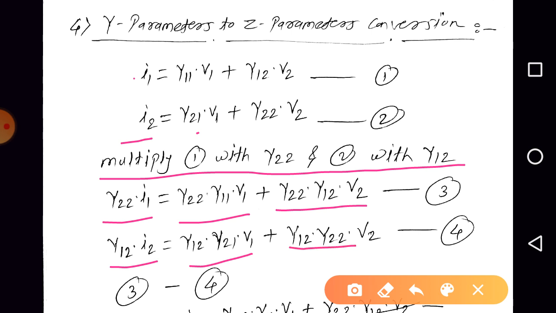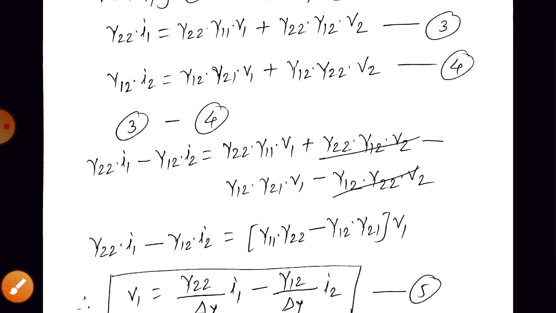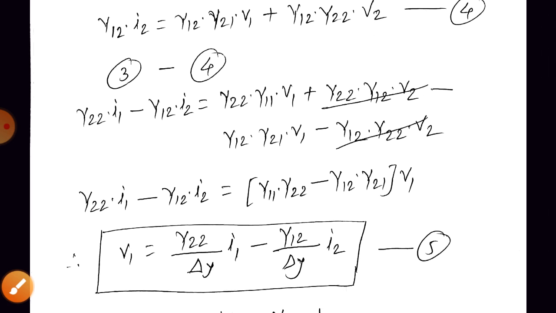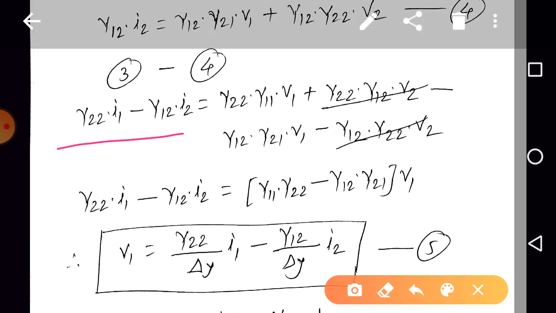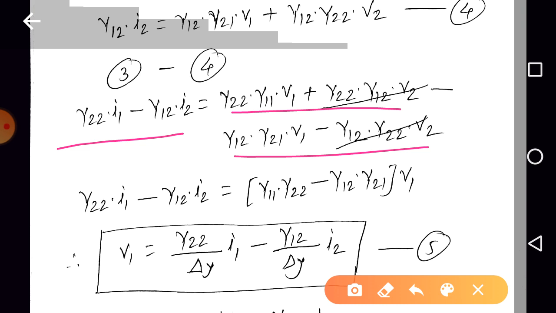Here we have equation 3 and equation 4, but the coefficient of V2 is equal now, Y12 Y22 and Y12 Y22. So now can we subtract equation 3 and 4? Equation 3 minus equation 4, left hand side subtraction, right hand side subtraction. After subtraction, the V2 term is cancelled out, right?